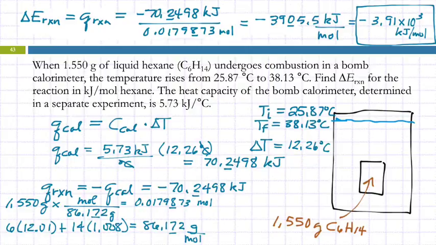In this exercise, they're saying find delta E. So then we should include the sign, because find delta E is not telling us what direction the energy flow is. If it asked, find how much energy in kilojoules per mole is released, then you would leave the negative off. I know that's confusing.